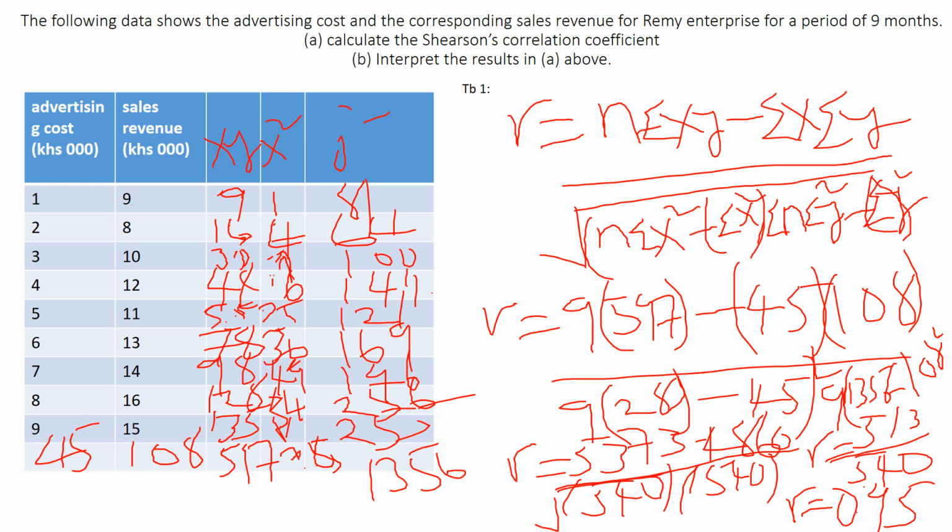And in part B we are told to interpret the result, so we can interpret it and say that we had a highly positive correlation in that scenario.